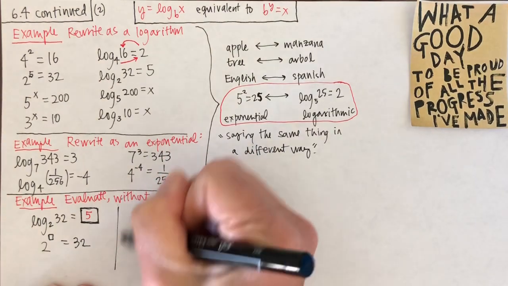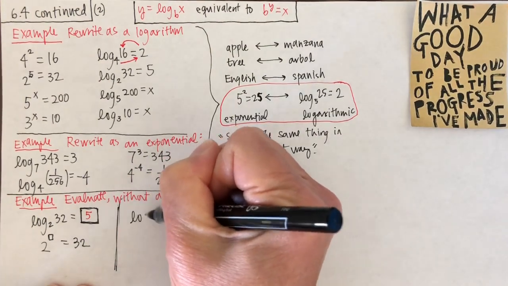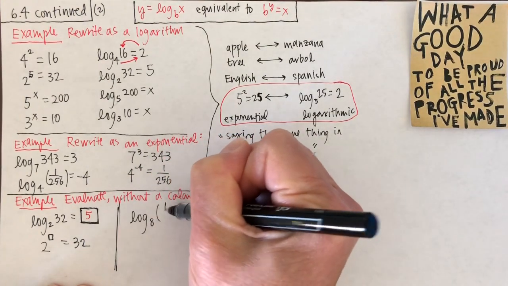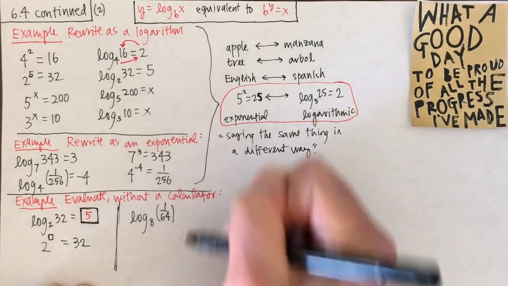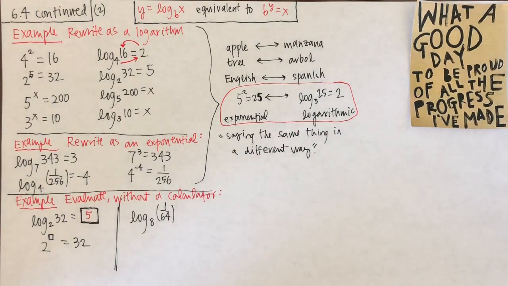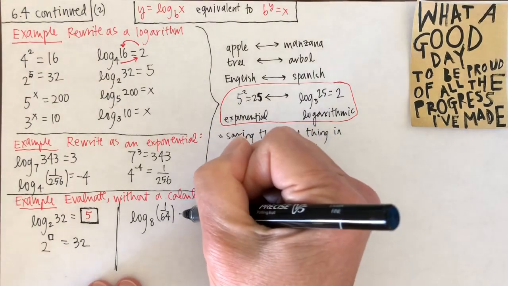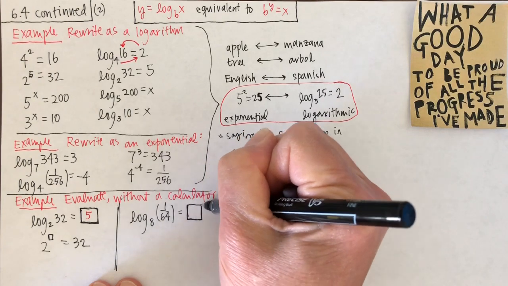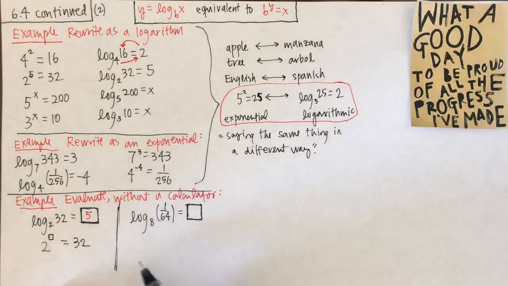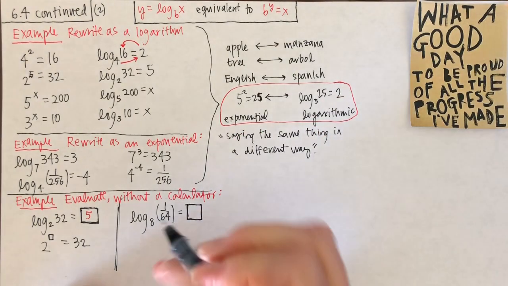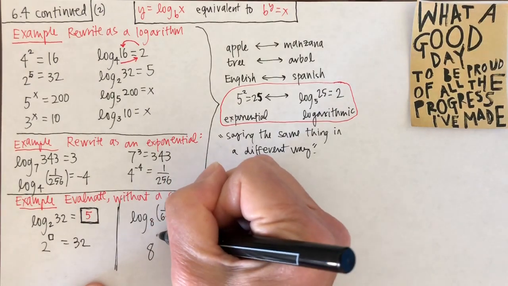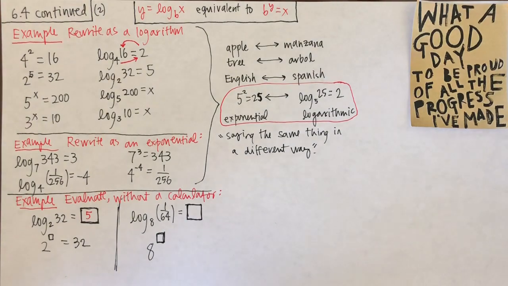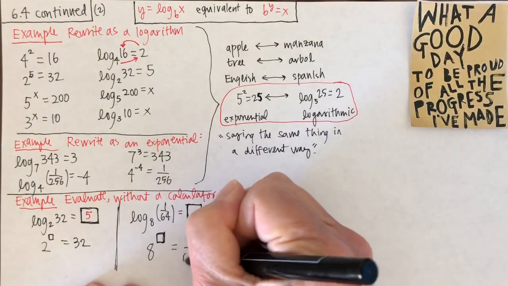Okay, let's try another one. Log to the base 8 of 1 over 64. Okay, they want me to evaluate this. I can't use a calculator, so I think again, what would this look like if I rewrote it as an exponential? Well, that would mean 8 to this power equals 1 over 64.